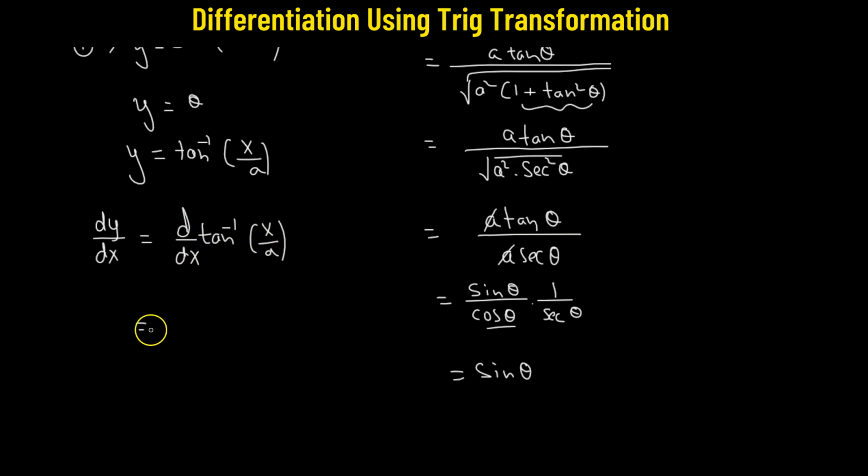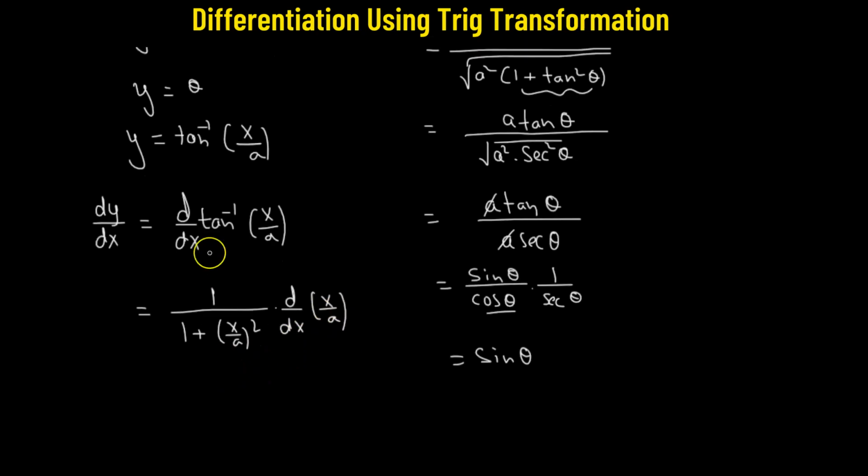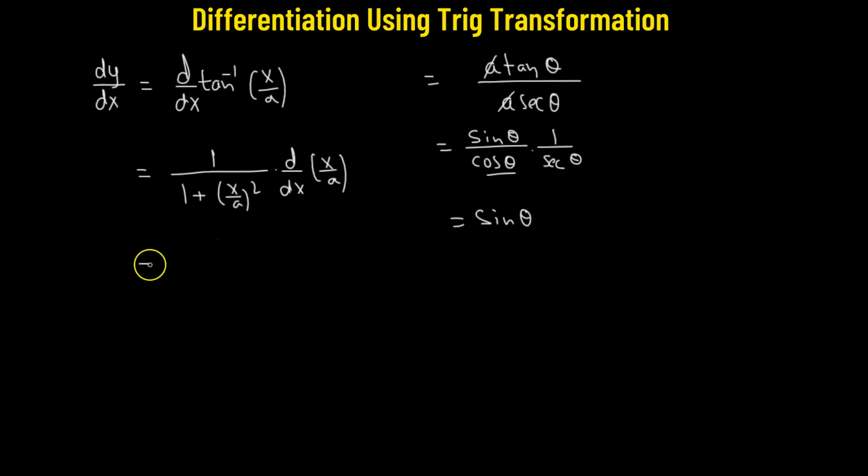The derivative of the inverse tangent function is given by 1 divided by 1 plus (x over a) whole squared, multiplied by the derivative with respect to x of x over a. Here we have used the chain rule. This gives us a squared divided by a squared plus x squared, multiplied by 1 over a, which is a constant and is taken out of the derivative, multiplied by the derivative of x with respect to x.